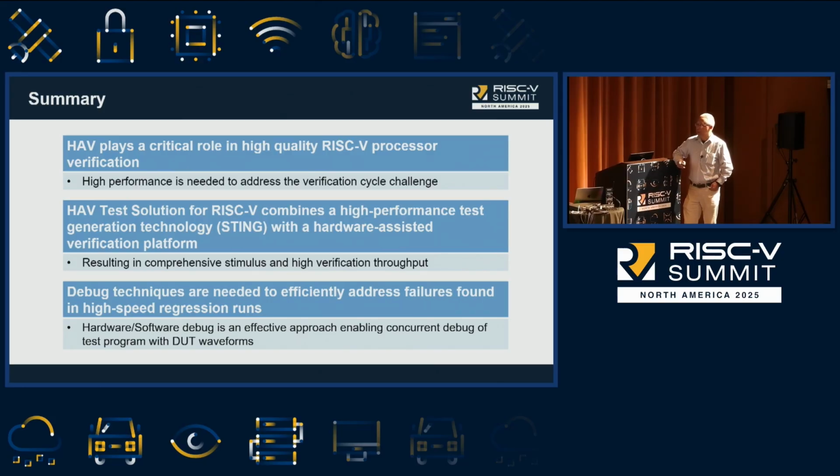Last, the hardware-software debug capability already provided will help designers debug the test from both the software viewpoint and the hardware viewpoint, and we believe it will help our customers figure out the root cause quickly.